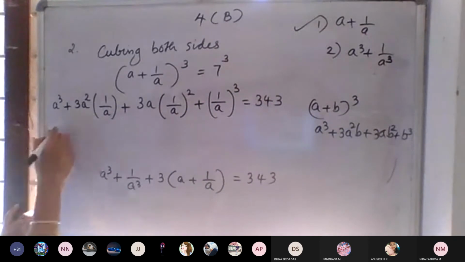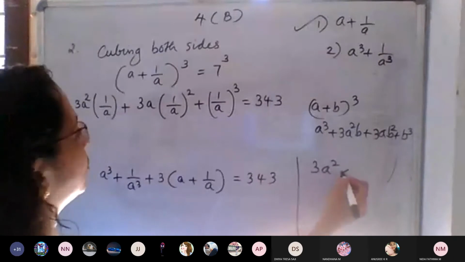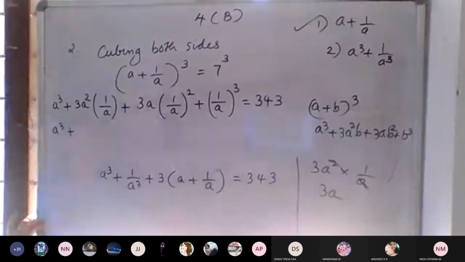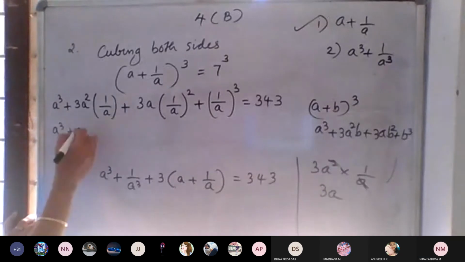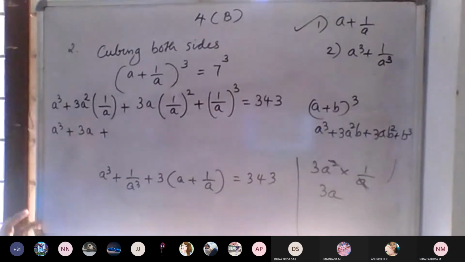Then simplify this. a cube plus 3a square into 1 by a, which is 3a.